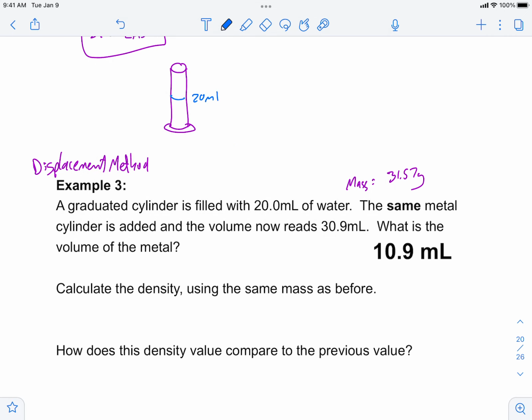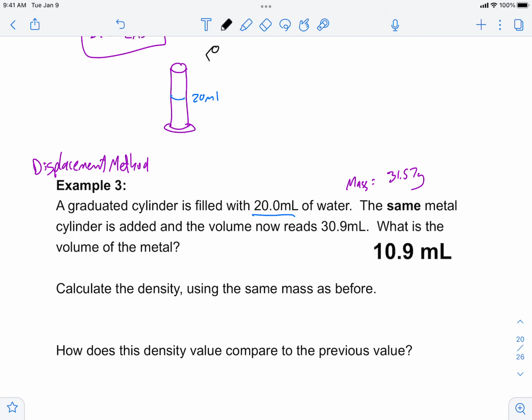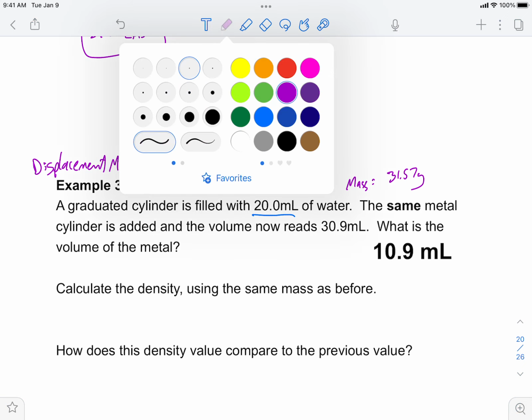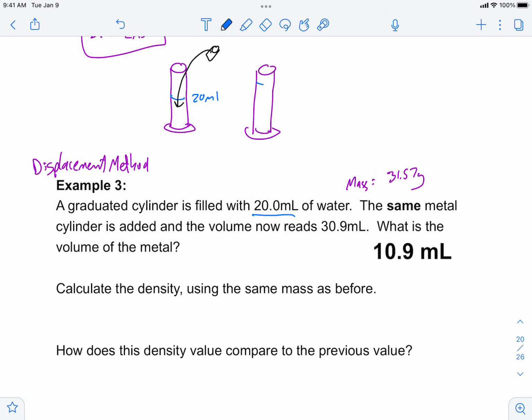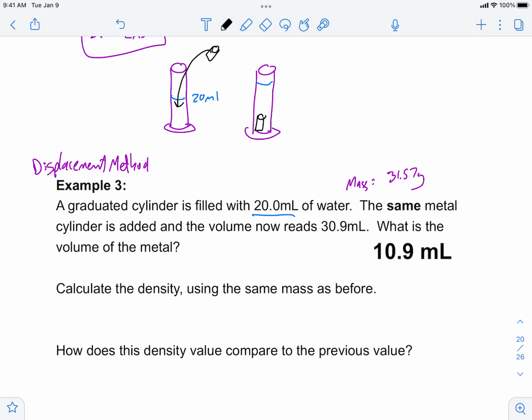Take a graduated cylinder with some set amount of water. In this case, we were told that it's 20.0 milliliters. And then the object goes in, the piece of metal. And then afterwards, because it takes up space, the water level is going to go up. It's a pretty simple concept. So here's our metal cylinder in there. The water level is higher. The water level now reads 30.9 milliliters.